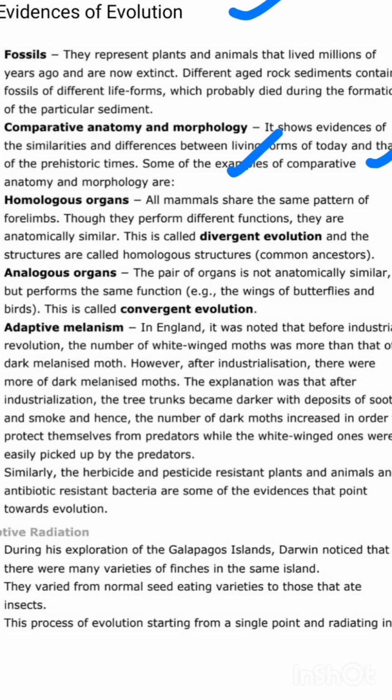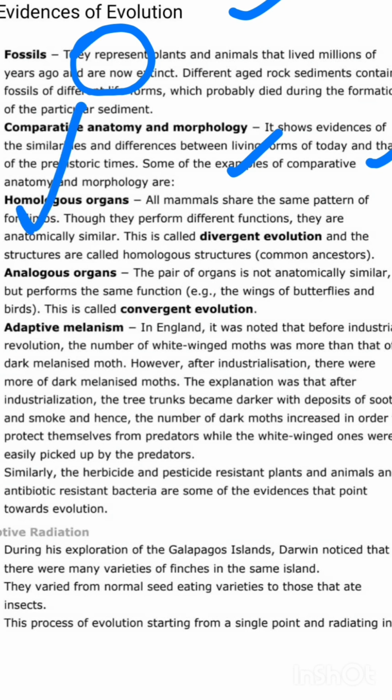So all the mammals share the same pattern of 4 limbs. They perform different functions but they are anatomically similar. This is called divergent evolution, and the structures are called homologous structures, where they share a common ancestor.